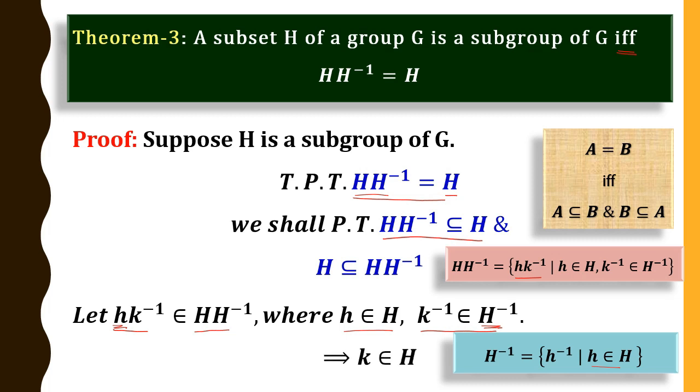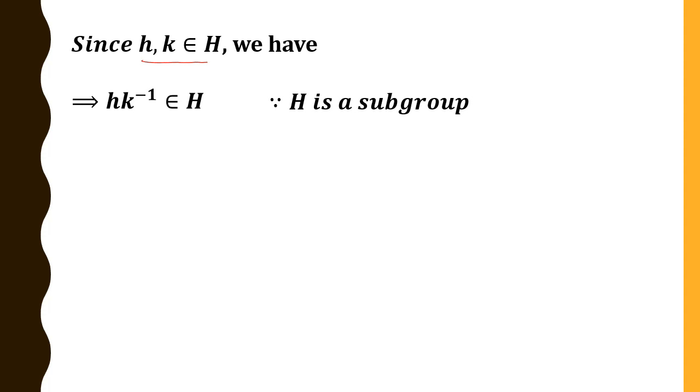Now since k inverse belongs to H inverse, it implies that k belongs to H, because H inverse contains inverses of elements of H. Now we have h and k belong to H, and H is a subgroup. This is given. Therefore hk inverse belongs to H. How did we get this?